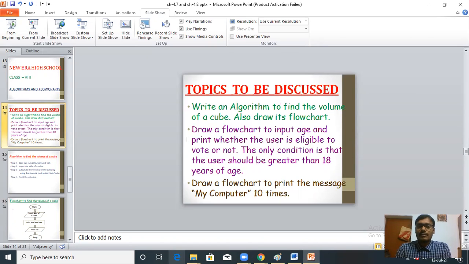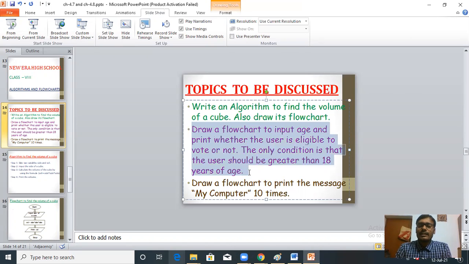It means if the user is more than 18 years of age, he is eligible to give vote. So you have to draw a flowchart for this. And the third topic is draw a flowchart to print the message "my computer" 10 times. So let us come to the first topic, children.